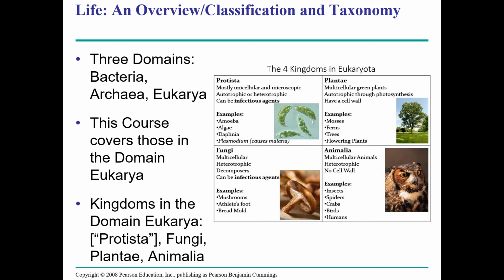You are heterotrophic. You ingest and digest your nutrition, and you have no cell wall. That's why animals are soft and squishy, but plants, having that cell wall, makes them crunchy. And of course, animals: you, birds, crabs, spiders, insects, etc.